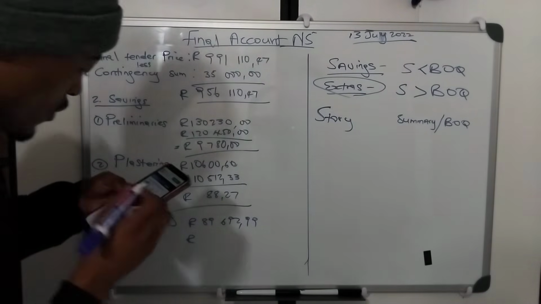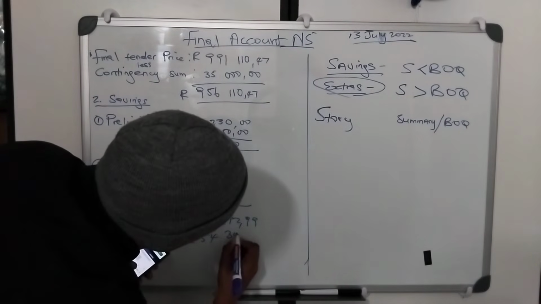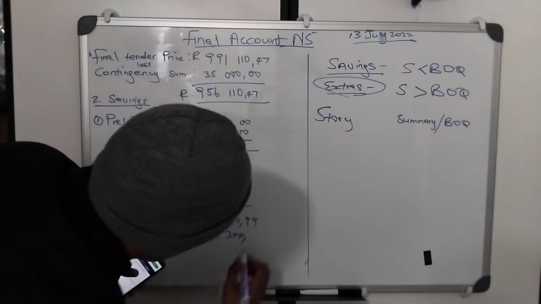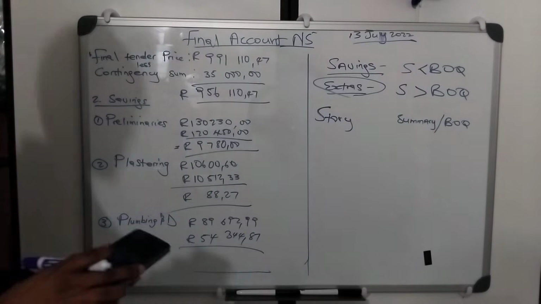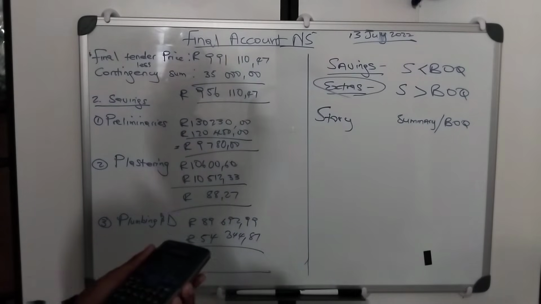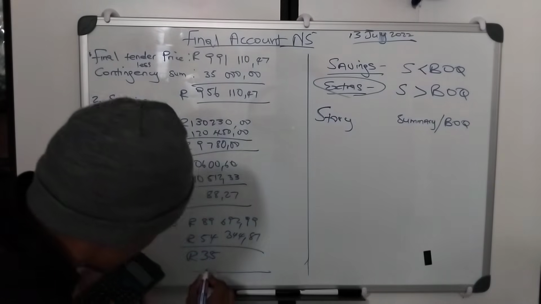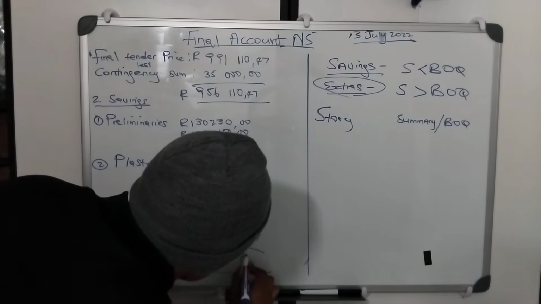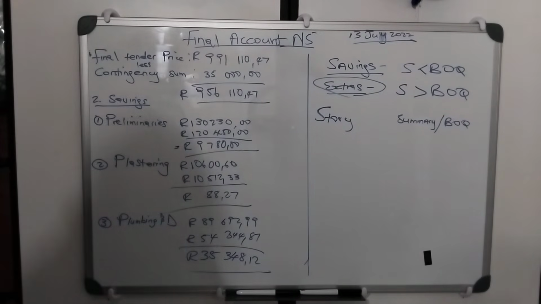It's 54,344.87. Okay, then I punch first. So I have 89,692.99 minus 54,344.87. Then it's 35,348.12. Okay. What is our fourth one?